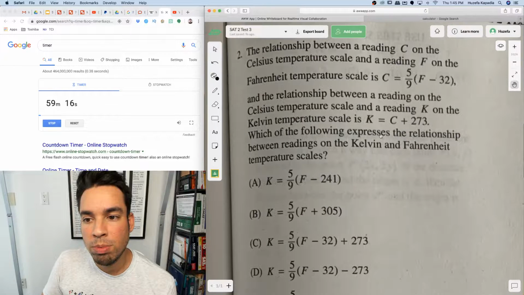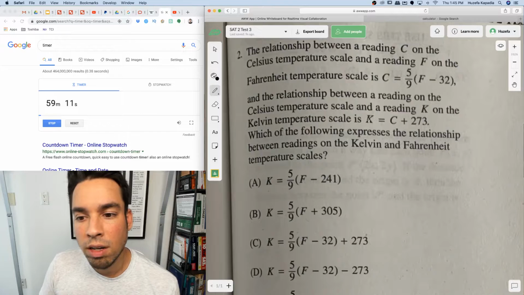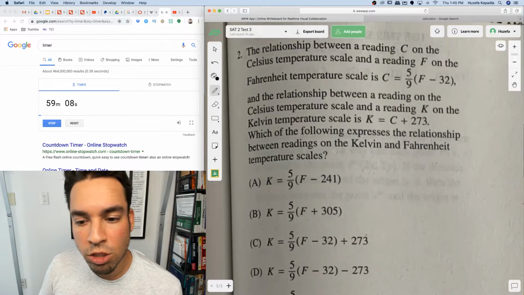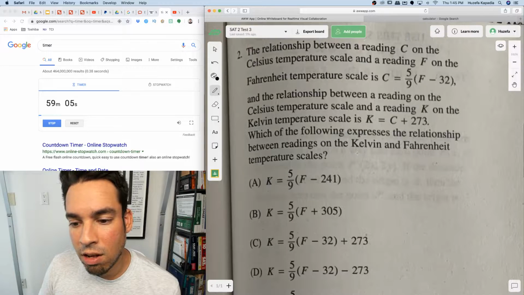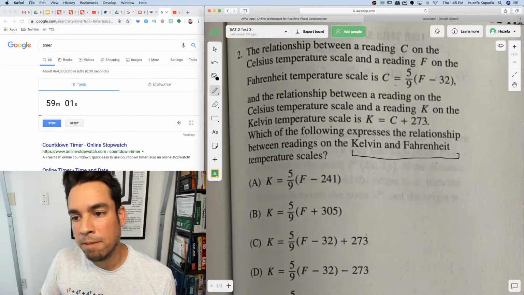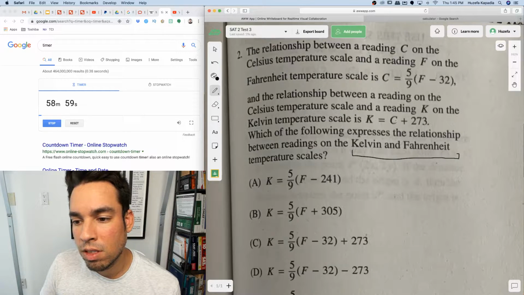The relationship between reading C on the Celsius temperature scale and reading F on the Fahrenheit. Okay, which of the following expresses the relationship between reading on Kelvin and Fahrenheit? So we're solving for Kelvin. So again, C plus 273 is Kelvin.